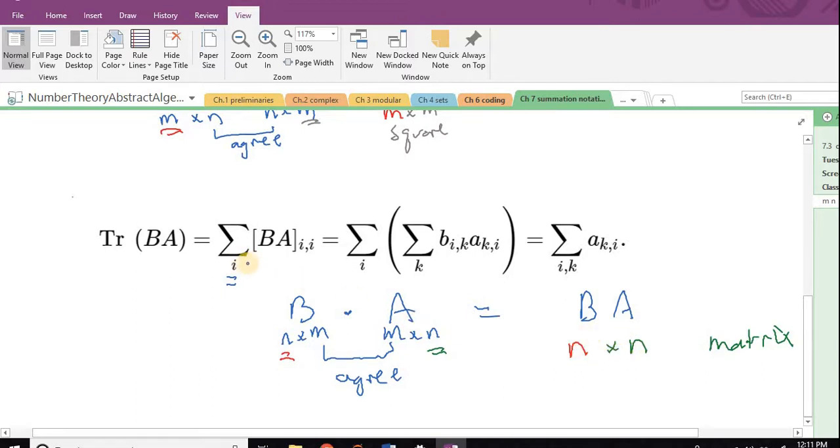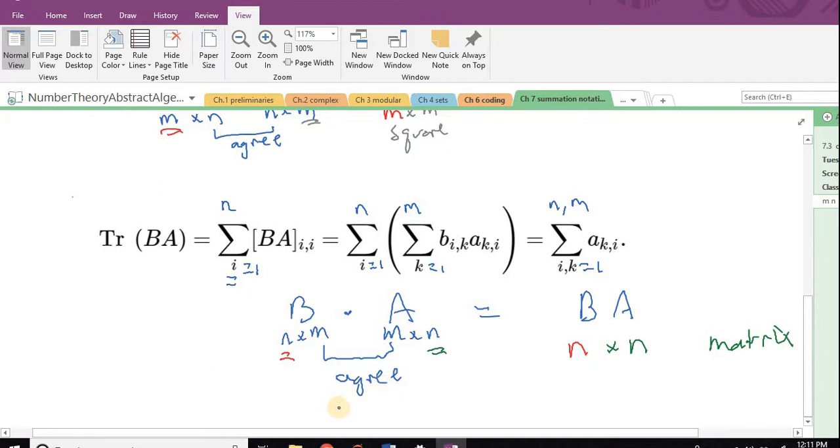All right, so this is I equals 1 to N. Okay, so I can make this I equals 1 to N. And then what about K? K runs from 1 to M. It's the other index. So here we have IK, where I runs to N, and K runs to M, like this.